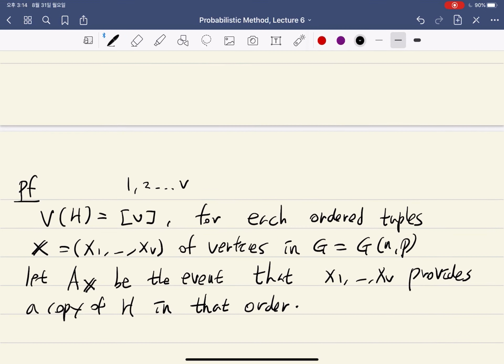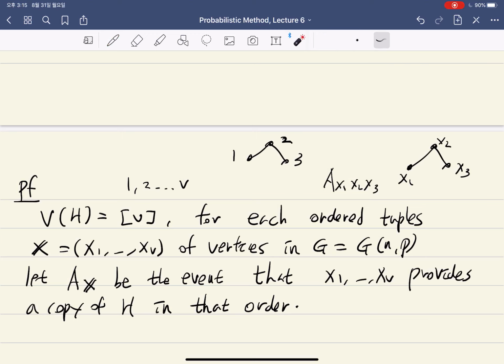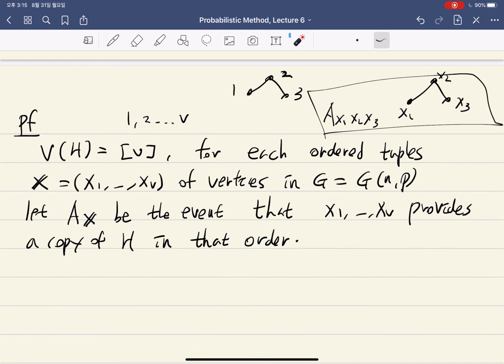Meaning that if H was 1, 2, 3, then A_{x1,x2,x3} is the event that you have an edge between x1 and x2, and an edge between x2 and x3. Here, there could be an edge or not between x1 and x3. It doesn't matter; even if this happens, we say that the event happens. But here we care about the ordering.